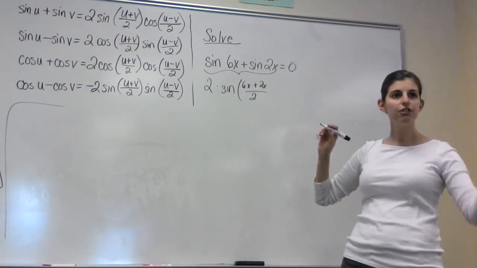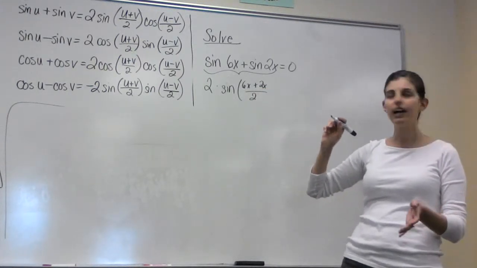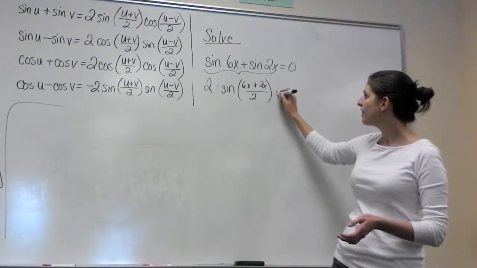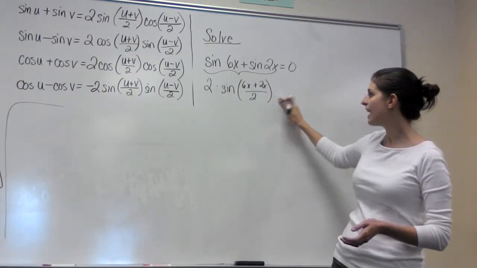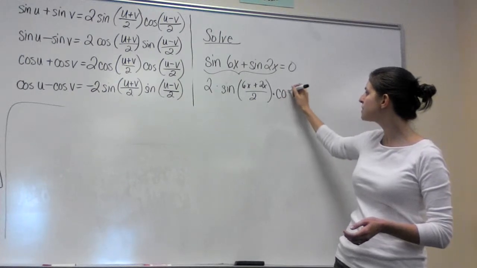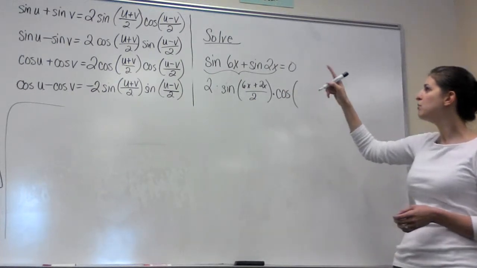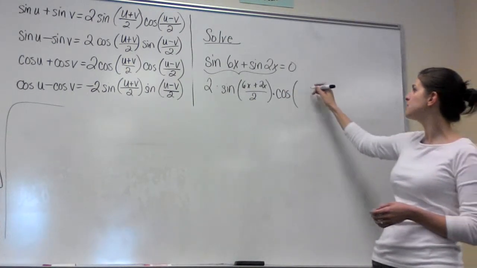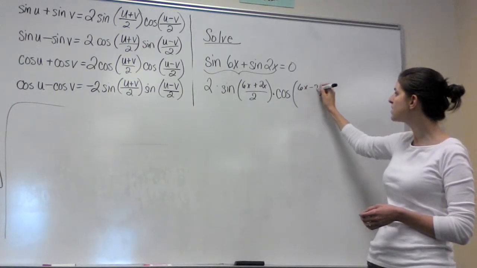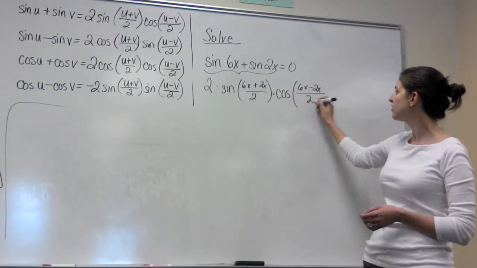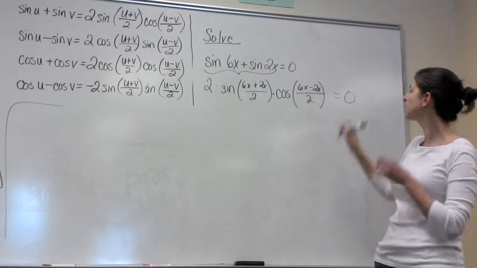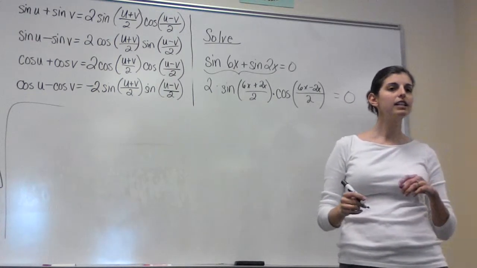You can keep writing. You don't have to wait for me. That gets multiplied by the cosine of u minus v all over 2. So 6x minus 2x all over 2. That whole thing needs to equal 0.